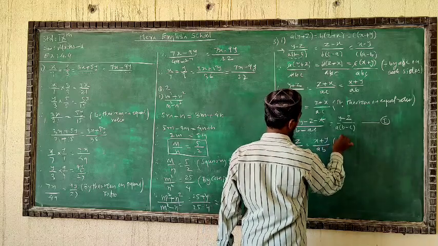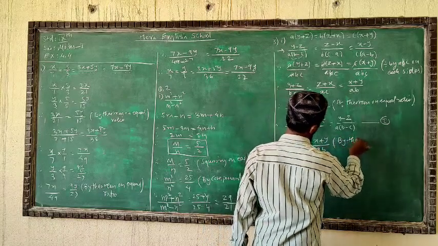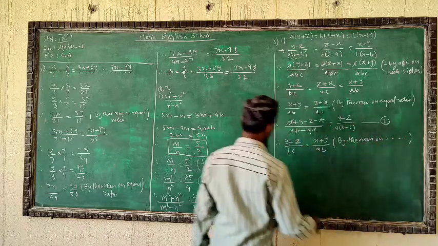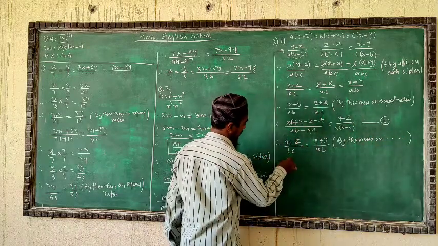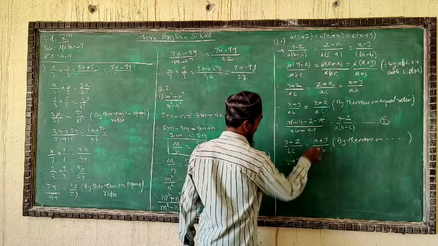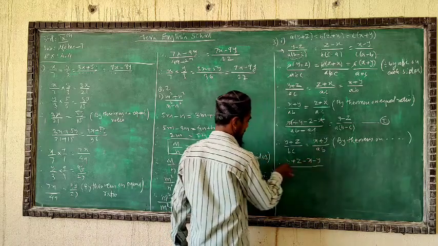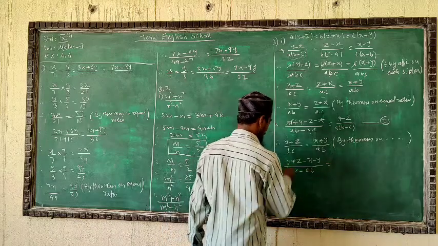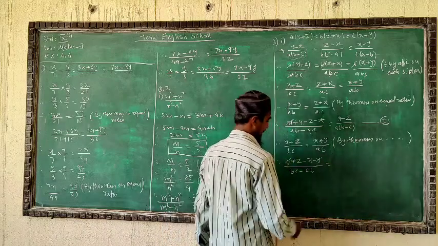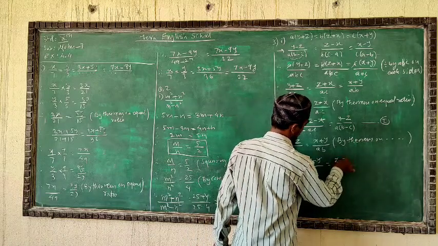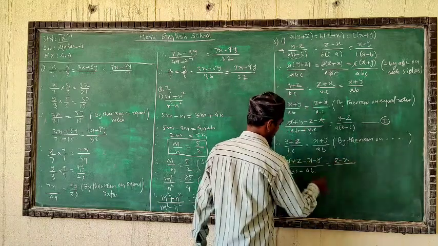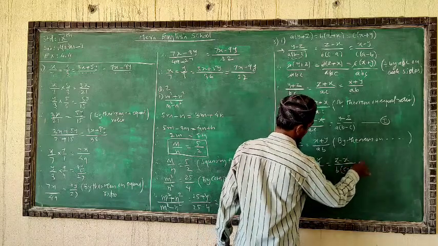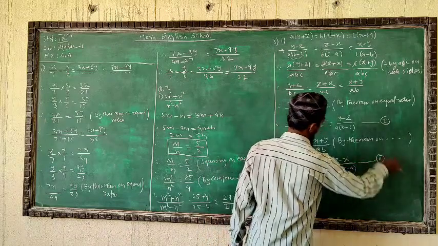Here also we will apply theorem on equal ratio, means you will get here y plus z, then minus x minus y, upon bc minus ab. Here y minus y will be cancelled. We'll get here z minus x in numerator. Here we take b as common inside the bracket, c minus a. It's your second fraction we got.